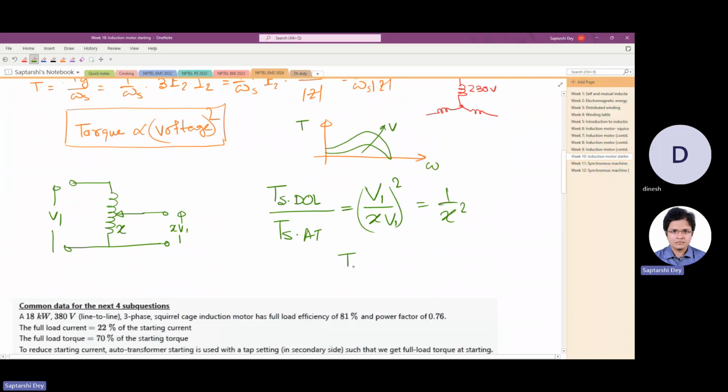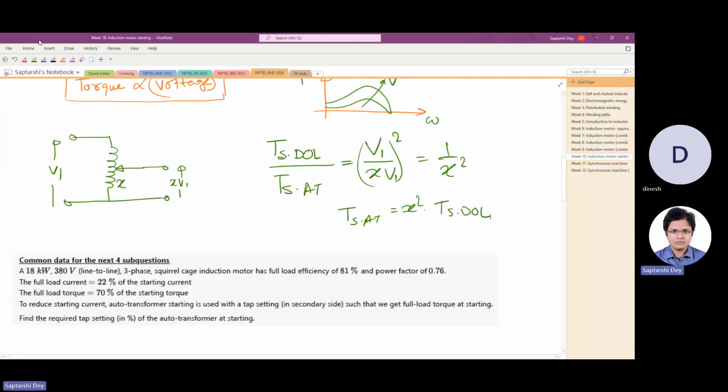So starting torque with auto transformer is X squared times that with DOL, where X is the tapping ratio. So torque will be reduced by this much.